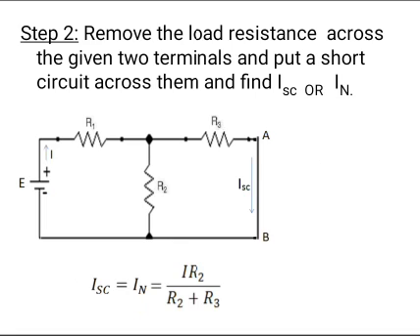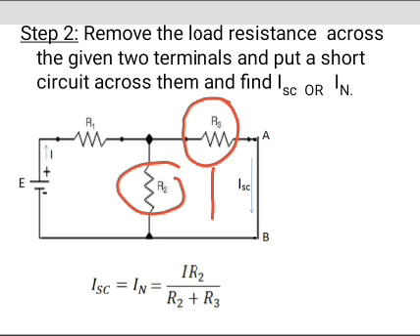ISC equals IN, that equals I into R2 divided by R2 plus R3. That means ISC equals I into R2, that means voltage, divided by total resistance in this mesh, R2 plus R3.